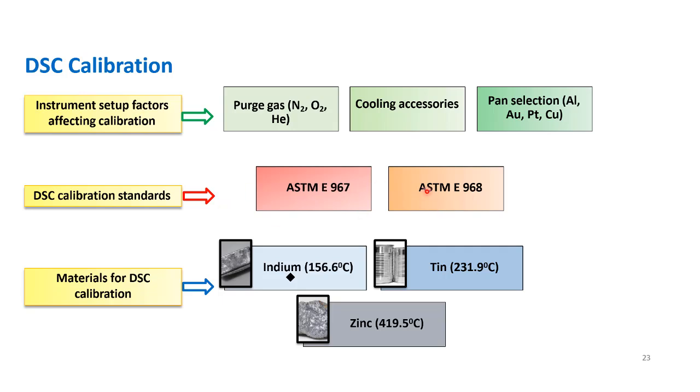These two are the standards which we generally use for the calibration of DSC. Then the materials for the calibration are indium, which melts at 156.6 degrees Celsius, tin, which melts at around 231.9, and zinc, which melts at 419.5 degrees Celsius.